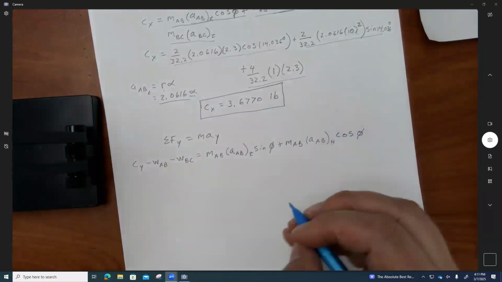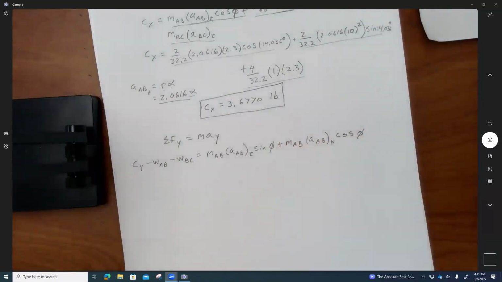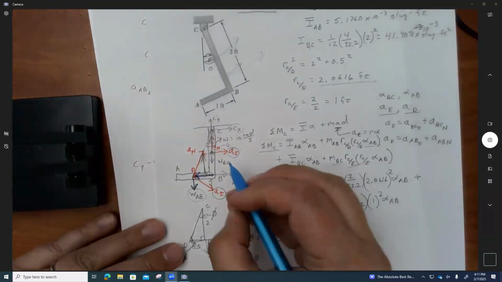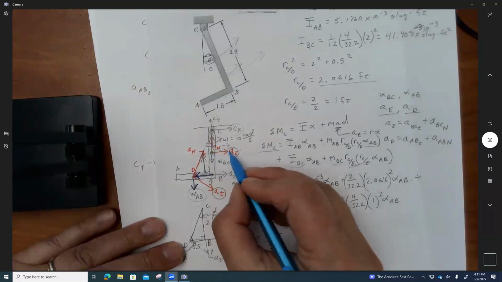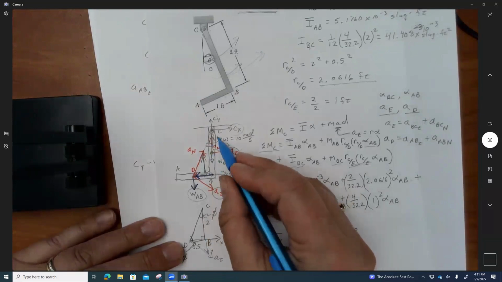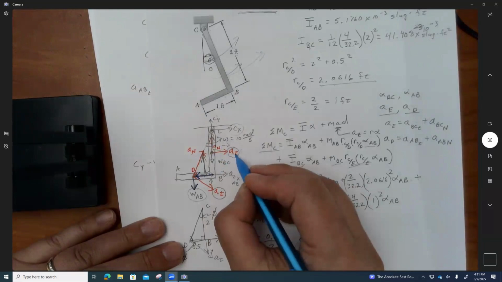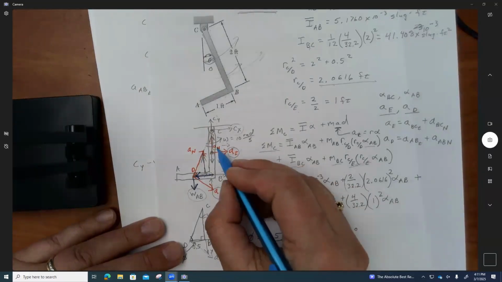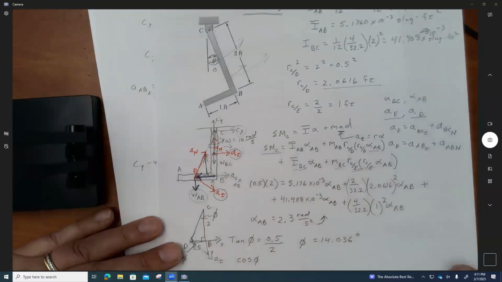And then let's look at our accelerations for BC. And all of the tangential was in the x direction, and all of the normal is in the y direction this time.